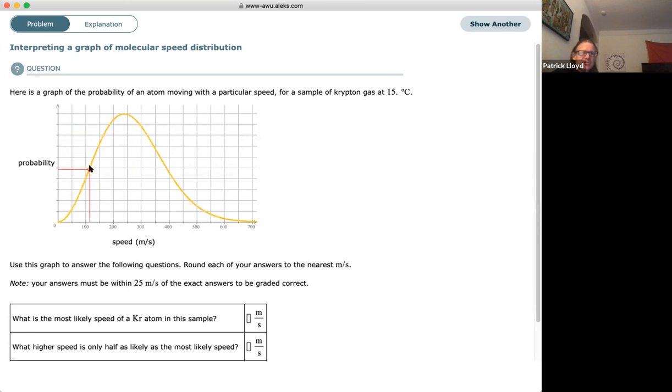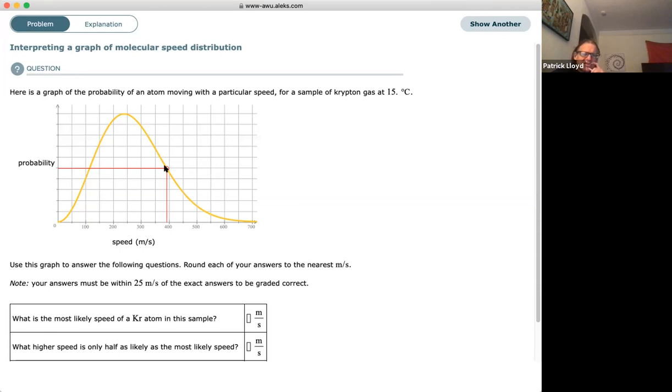Now, there's actually 2 velocities at that likelihood. There's one there, but that's lower than the most likely speed. The most likely speed is 250 meters per second. This is only 125 meters per second, or 120. So that's below. You want the one that's higher, above. So you come all the way over to here, 5 squares up. That's half the likelihood.